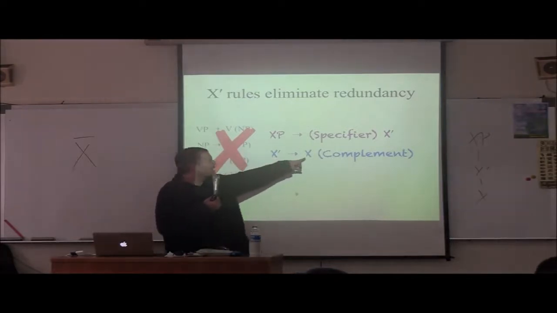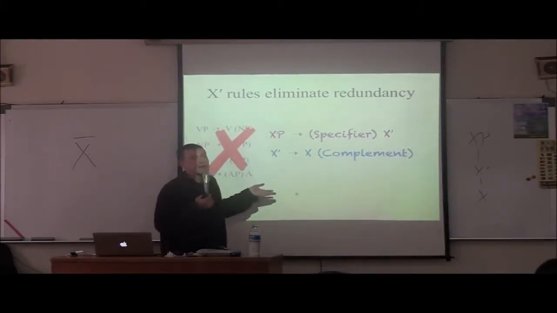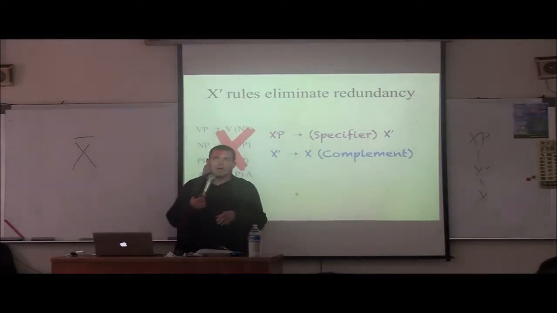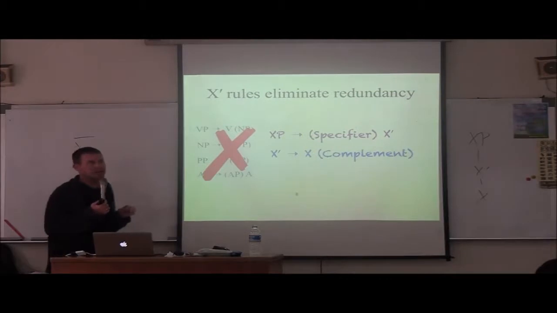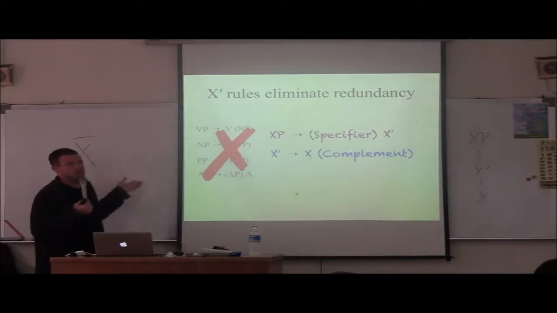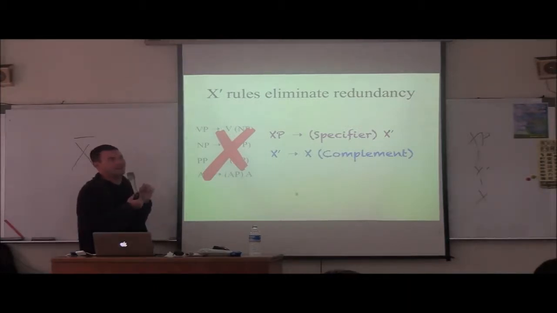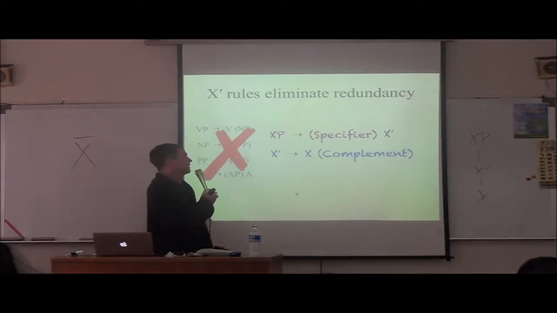And whatever category X is, that's the category that XP will be by virtue of the fact that we are using variables. And when you define a variable, it has to keep that value. So if you say X equals X in mathematics, the reason that this statement is true is because if the first X is 4, then the one after that has to be 4 too. You can't shift the value of a variable.